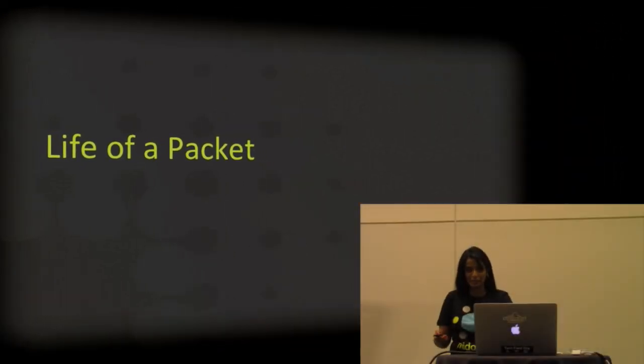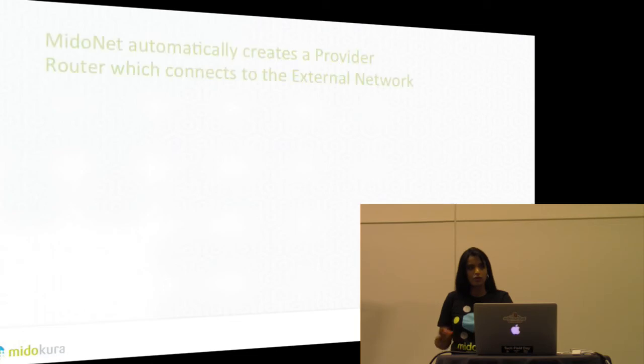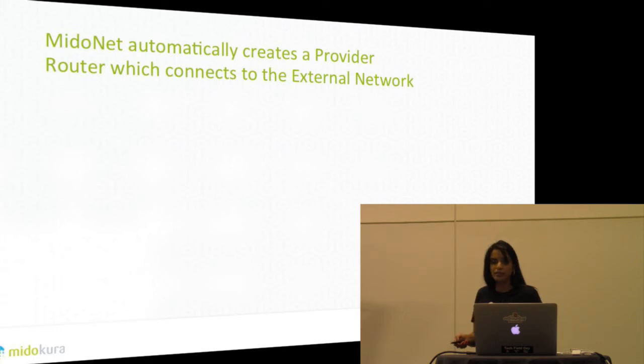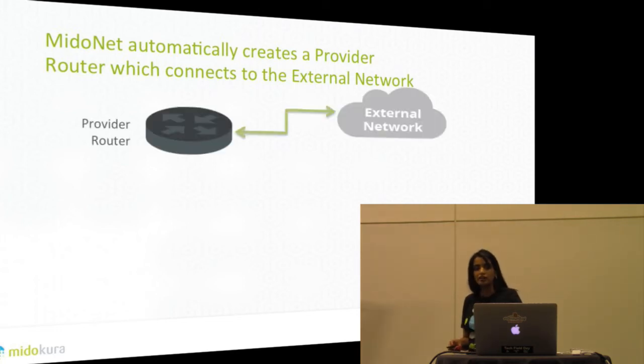All right, so life of a packet, specifically OpenStack with MidoNet networking. So as an administrator of an OpenStack cloud, MidoNet automatically creates a provider router when an administrator goes in and creates an external network, for external access for tenants. So that's created automatically in the backend.